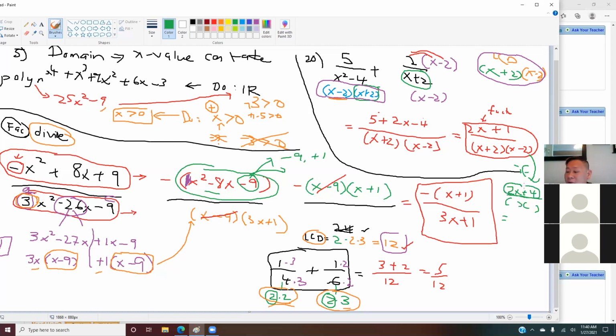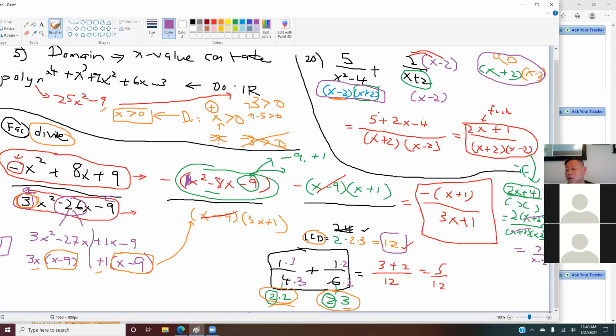What is the common factor for 2X plus 4? You can factor out the 2. So you will get X plus 2. And then you have the X plus 2 and X minus 2 here. What happens now is because the X plus 2 is common, you can cancel it. So for this, you will get 2 over X minus 2.